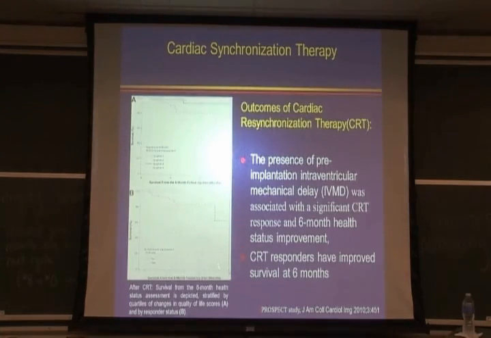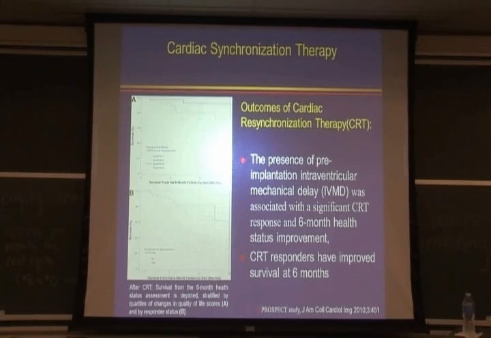This has been applied in a large multi-center prospective study, and they found that those who were responders, those who had an interventricular mechanical delay, meaning between the septum and the free wall, with significant mechanical dyssynchrony, and who responded to CRT or cardiac resynchronization therapy at 6 months, as opposed to non-responders, their survival was certainly improved on follow-up over a mean of 6 months, and from 3 months to 18 months total duration of follow-up.